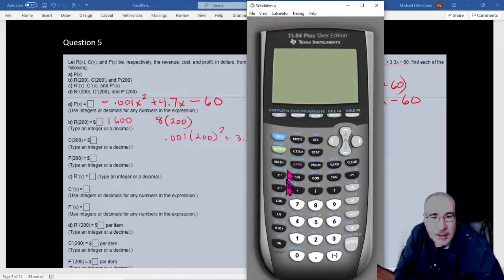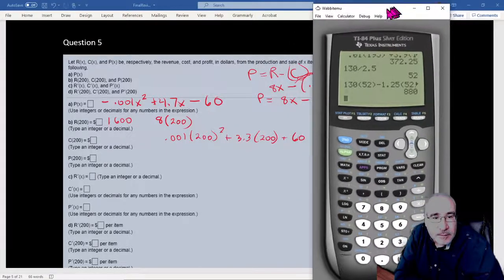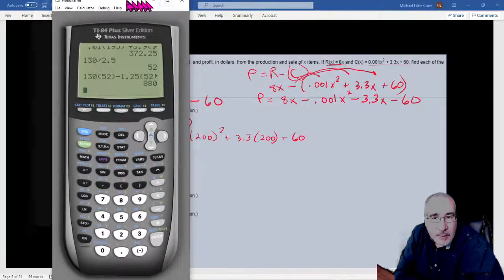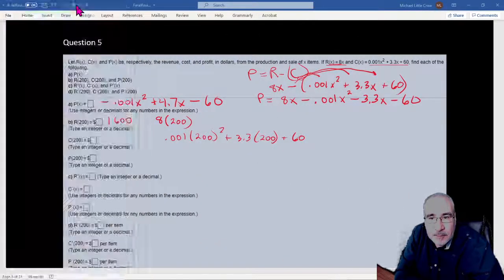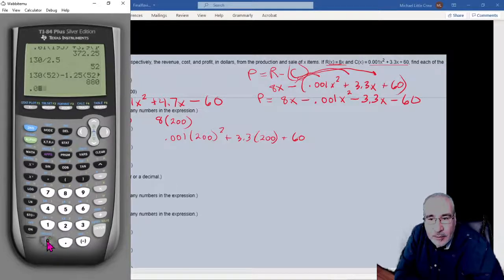So let's just plug that in. 0.001 times 200 squared plus 3.3 times 200 plus 60. And again, this is just the cost function. I think it's 760.